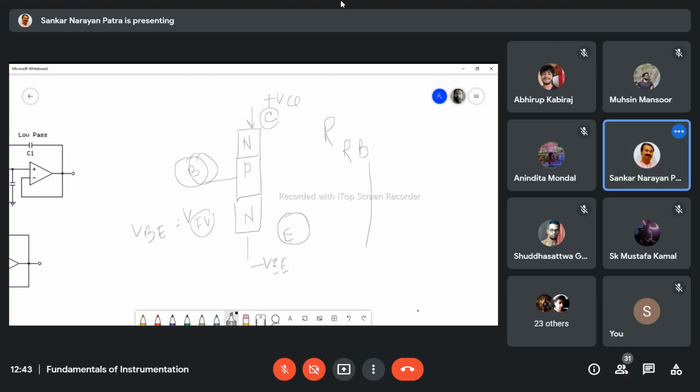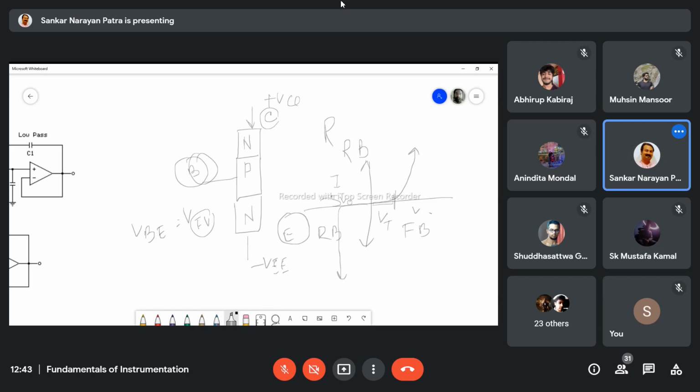If we draw the diode current and voltage diagram, this is forward bias and this is reverse bias. Diode current used to be like that. Am I right? Yes, sir. In case of a Zener diode, this will be minus 5 volt. So this is actually the diode forward bias voltage or threshold voltage, sometimes called VT.